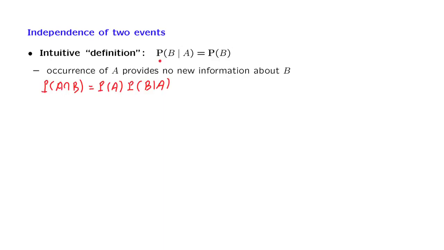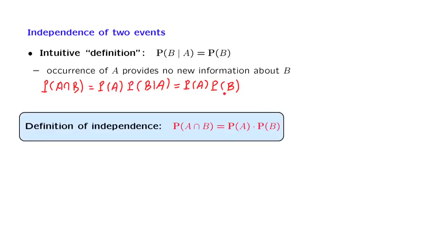But if we also have this additional condition, then this simplifies to the probability of A times the probability of B. So we can find the probability of both events happening by just multiplying their individual probabilities. It turns out that this relation is a cleaner way of defining formally the notion of independence. So we will say that two events A and B are independent if this relation holds.